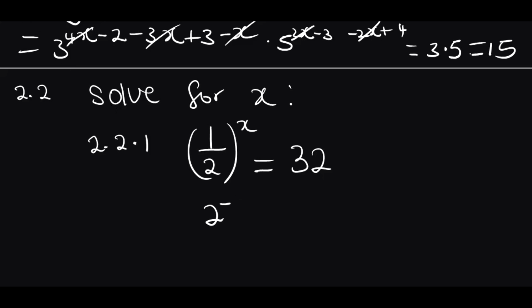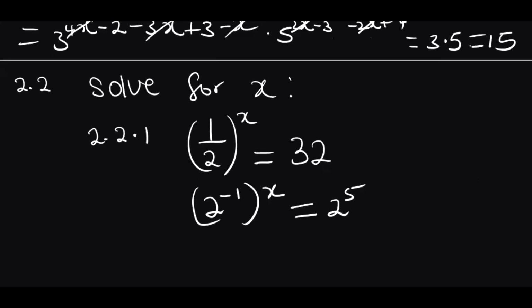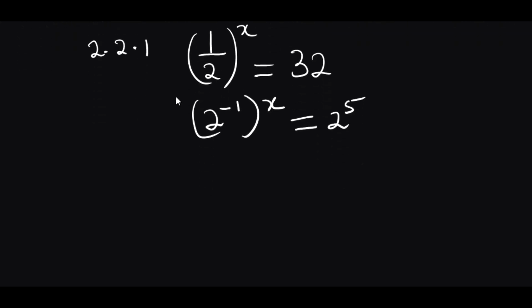Okay, we will have 2 to the power negative 1 all to the power x, which is equal to what? We can change this 32 and write it exponentially as 2 to the power 5. Right. Now we need to remove brackets and have 2 to the power negative 1 times x, that is negative x, which is equal to 2 to the power 5.